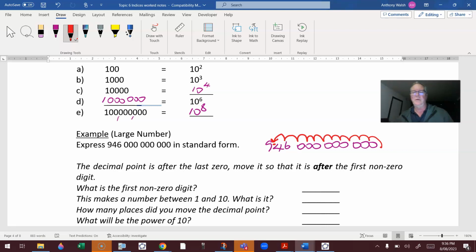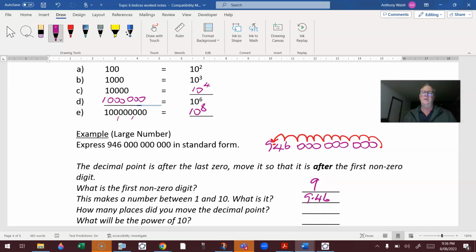Now, it's important to count the number of jumps that I made. So, now that I moved the decimal after the 9, what's the first non-zero digit here? Well, it's 9. And now by moving it, what's the number between 1 and 10 that I formed? Well, that would be 9.46. Okay? Includes all the digits which aren't zeros.